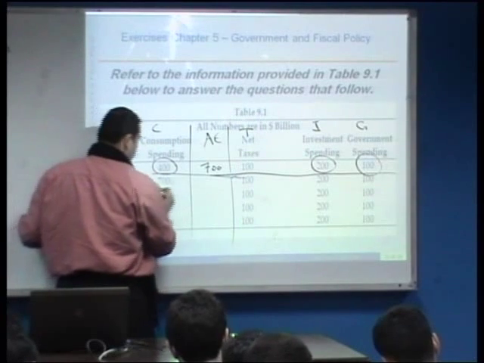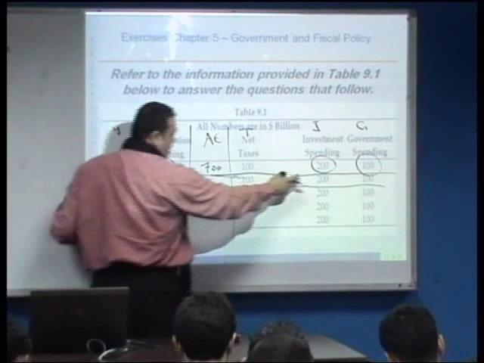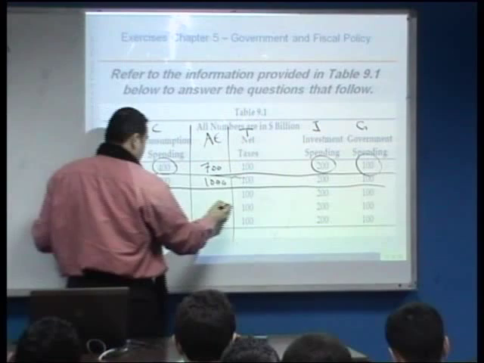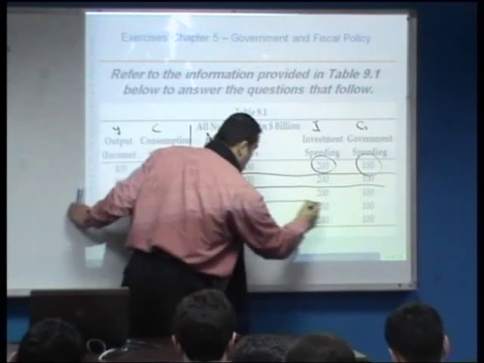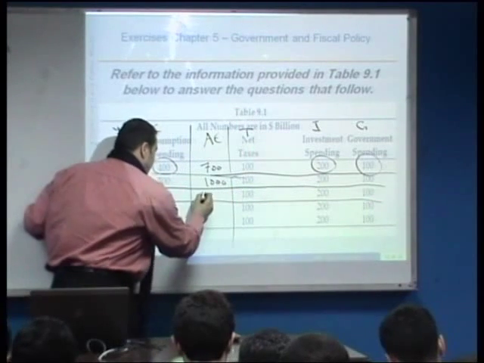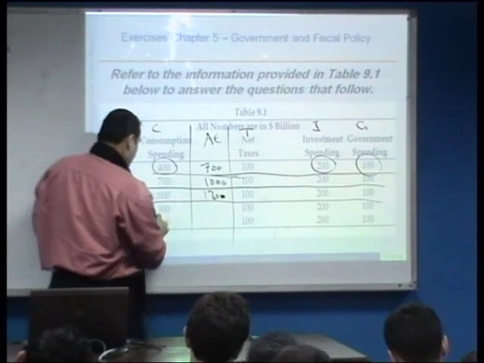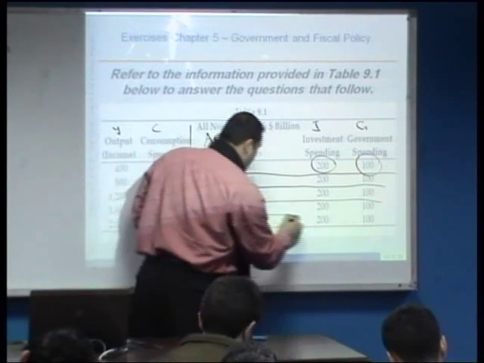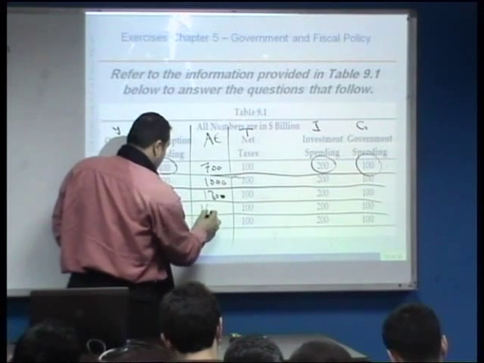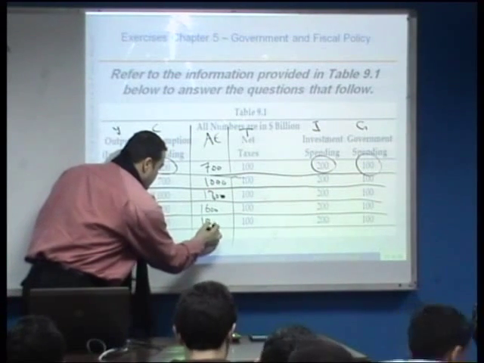And then 700 plus 200 plus 100, 1000. The third case, 1000 plus 200 plus 100, 1300. And then 1600. And the last case, 1900.